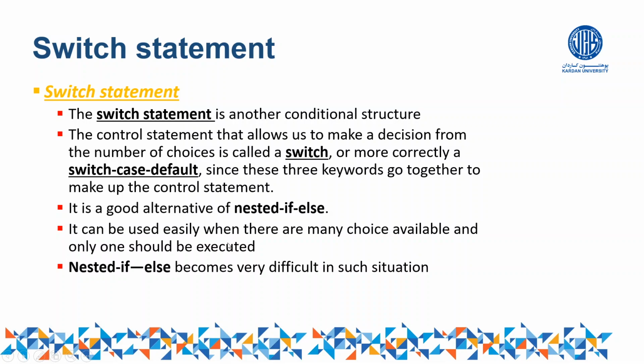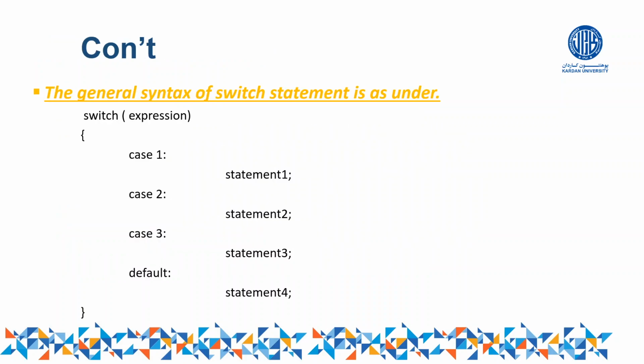We discussed earlier that if there are too many conditions and we want to select one, we can use the switch statement as an alternative to nested if else. Nested if else becomes very difficult in such situations. You have seen some of the drawbacks and problems of nested if else in our previous lecture. So instead of nested if else, you can use the switch statement.